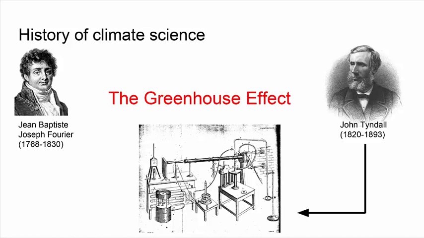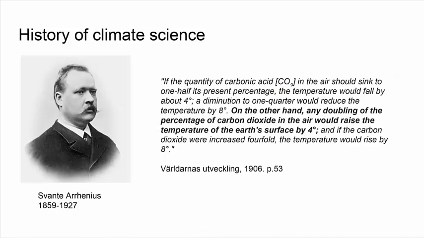He built an apparatus that could quantitatively measure how much absorption there is from certain greenhouse gases. And then continuing on, this was Svante Arrhenius in the late 1800s and early 1900s.